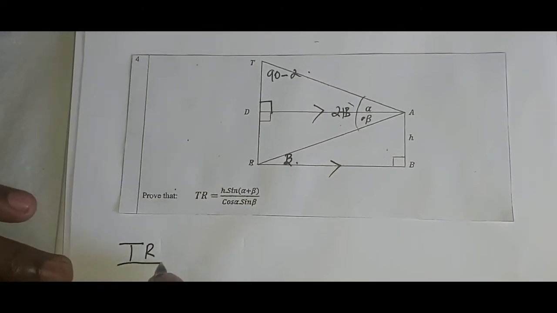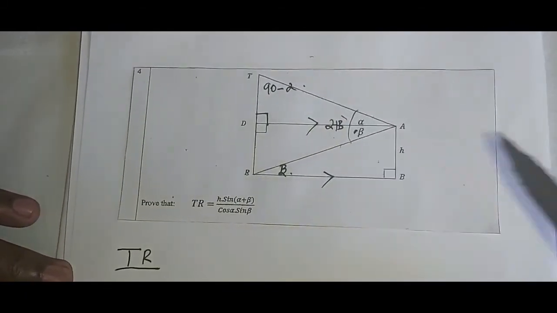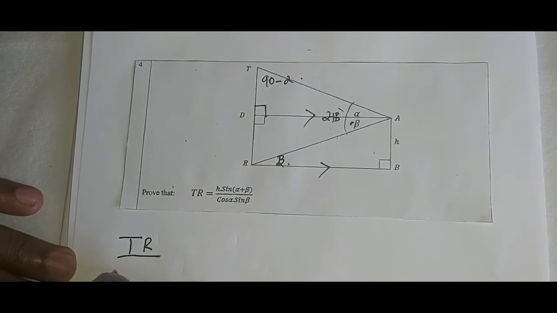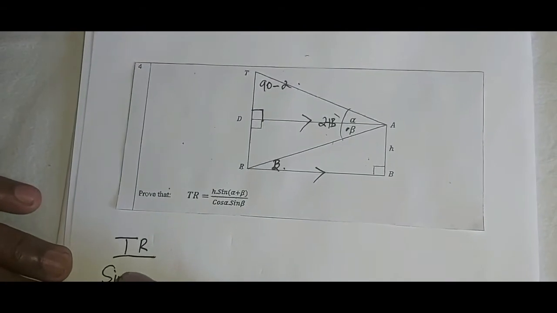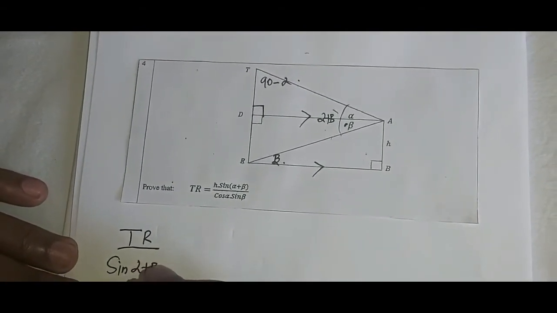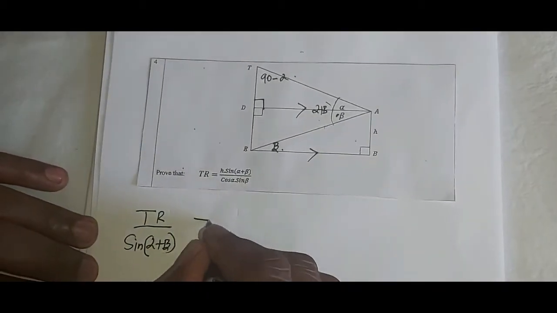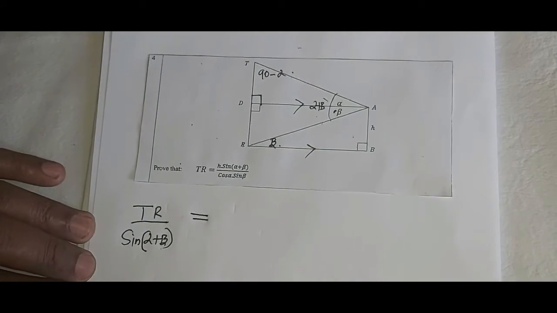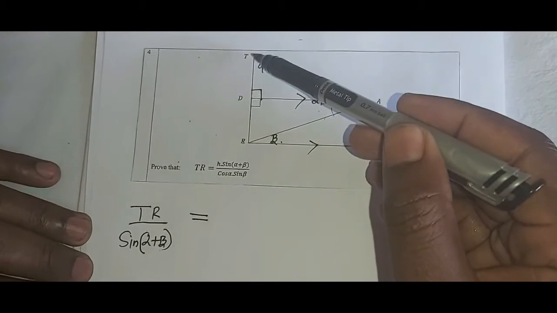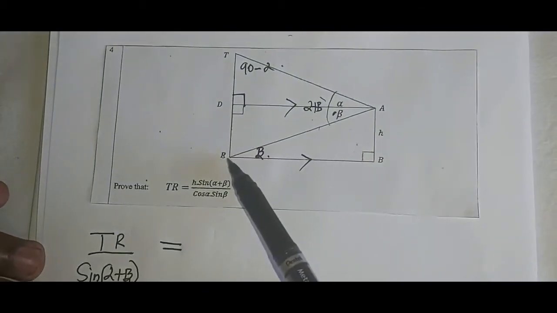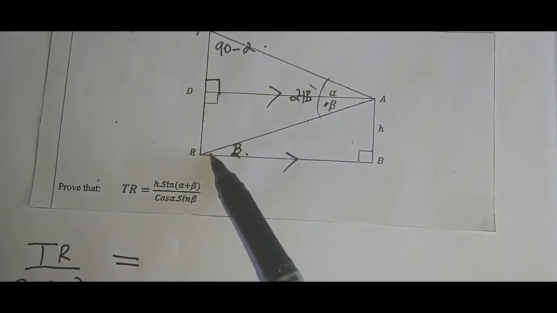That is to say, TR over the angle that is opposite side TR, which is the whole of this angle, TR over sine of this angle, that is sine of alpha plus beta, in brackets like that. It's equal to, now we want to find the other side to use. So can you see in this triangle, we can also make use of the side AR. Why side AR?